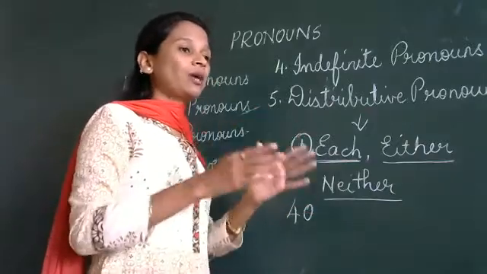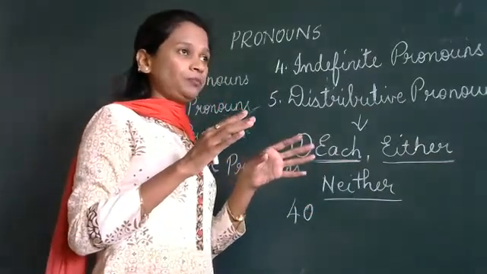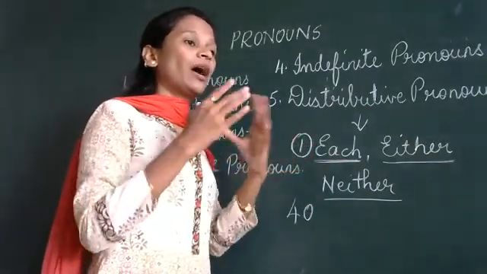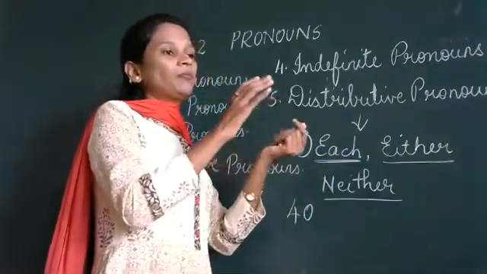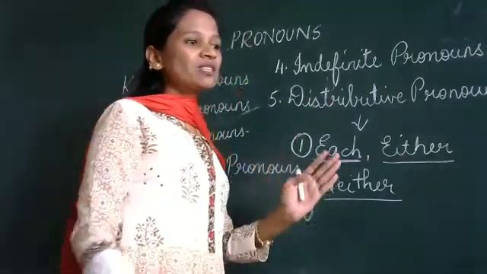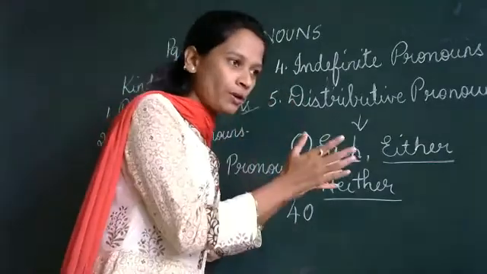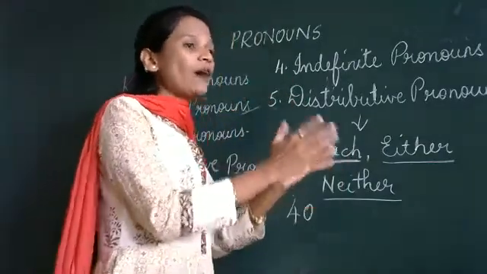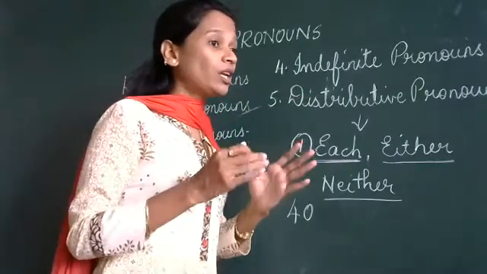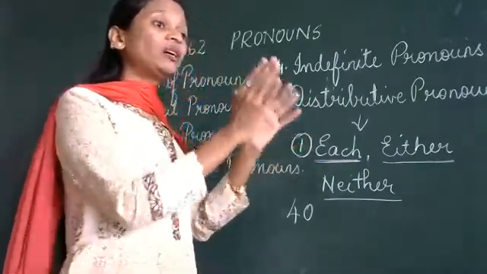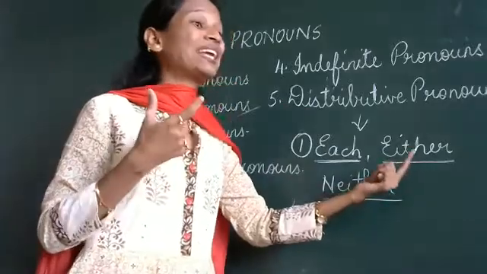Now, what is either? I will give you an example for a competition. Say you have a fancy dress competition and a Children's Day celebration. Listen to the word I'm saying: either.